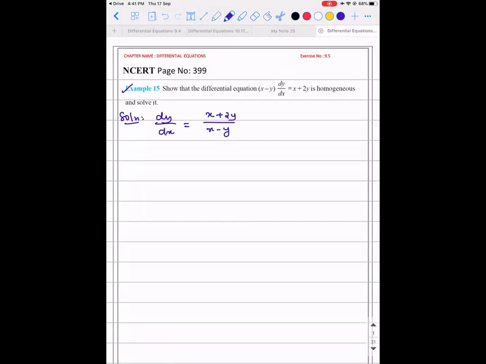What is the first step we need to follow? Let this be equation number 1 as of now. Always rearrange the question in the form dy by dx. We need to substitute y is equal to vx, which implies dy by dx is equal to v plus x into dv by dx. This is a very standard form. Step 2: the second and the first one should be equated.